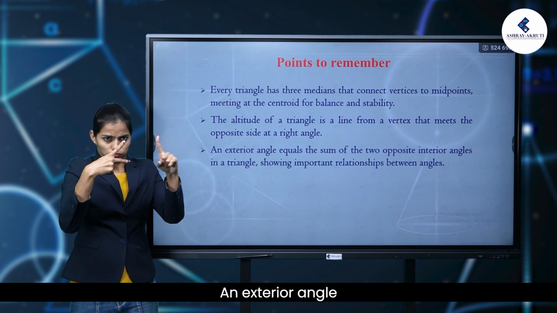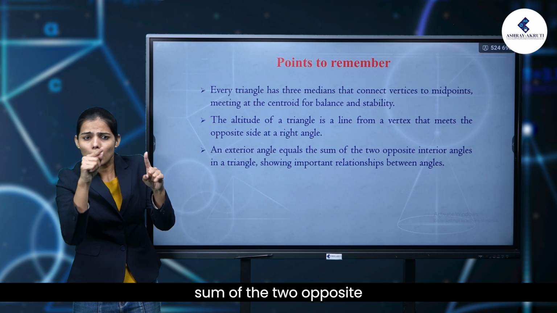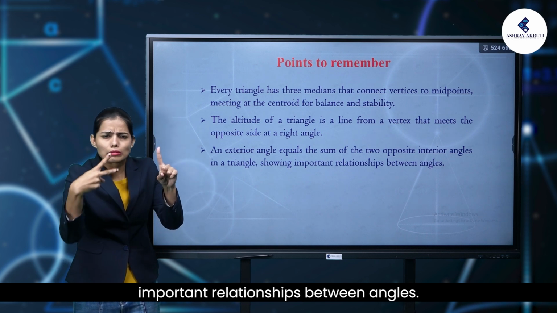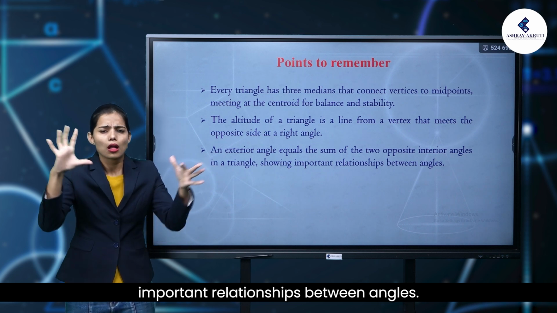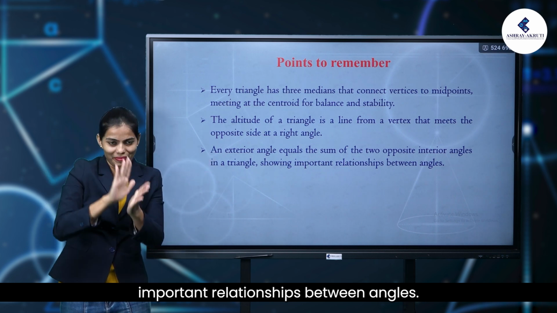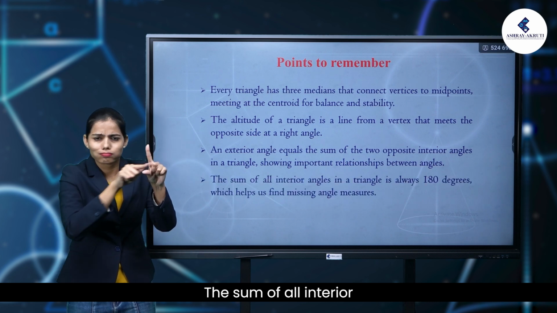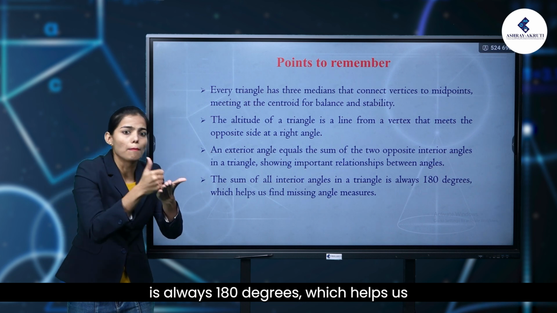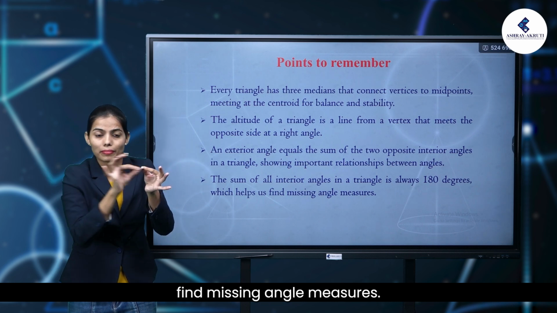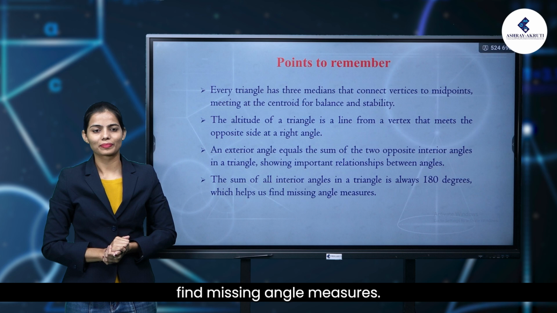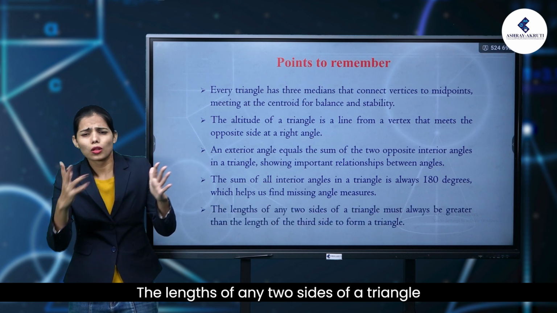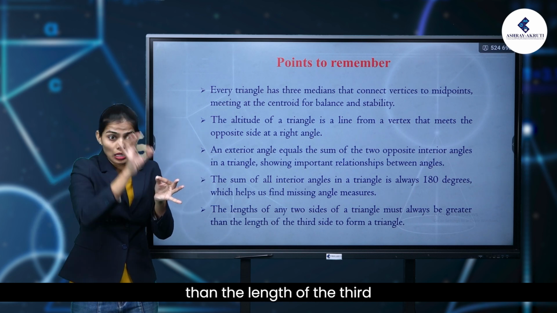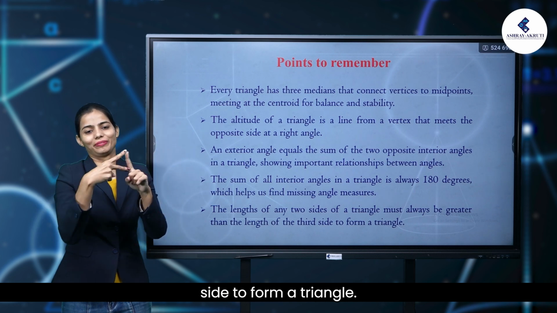An exterior angle equals the sum of the two opposite interior angles in a triangle, showing important relationships between angles. The sum of all interior angles in a triangle is always 180 degrees, which helps us find missing angle measures. The sum of the lengths of any two sides of a triangle must always be greater than the length of the third side to form a triangle.